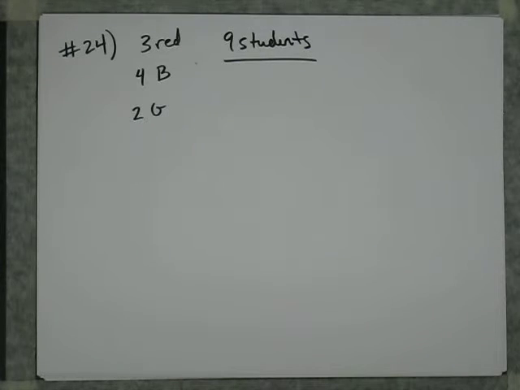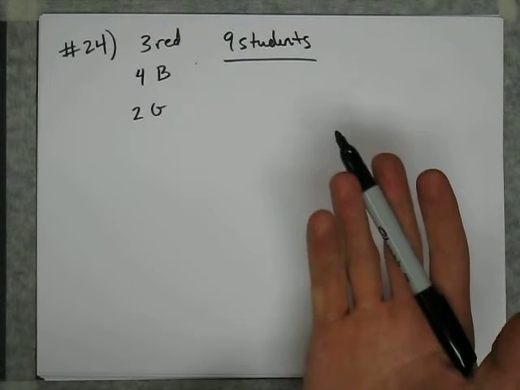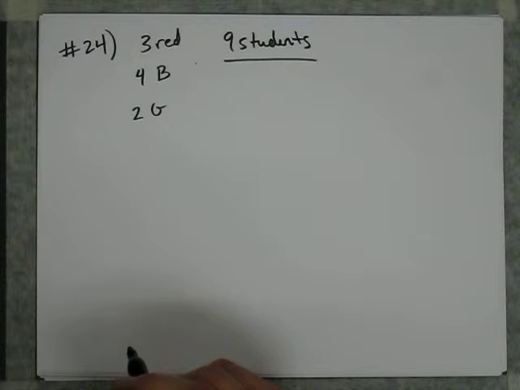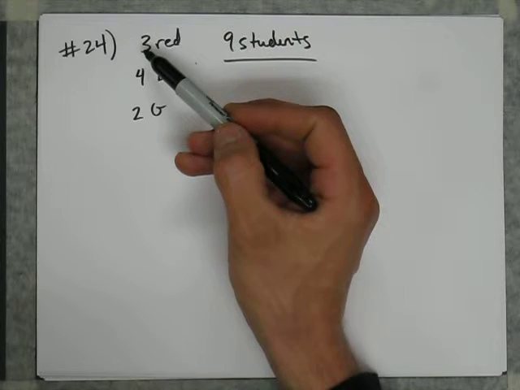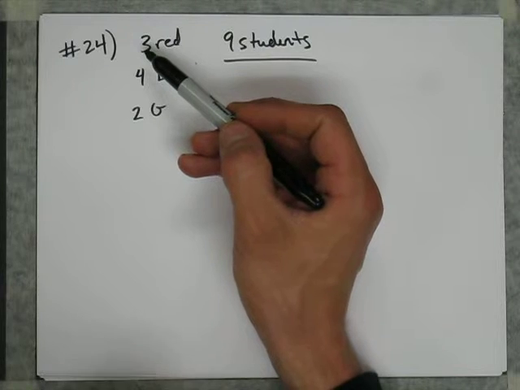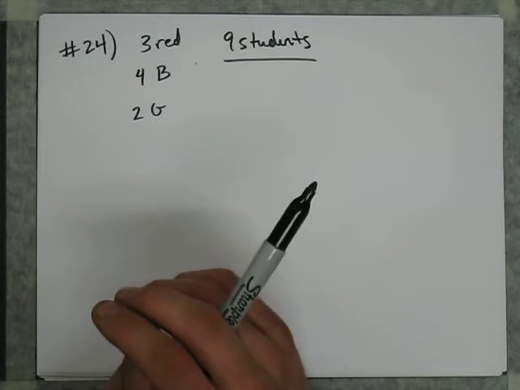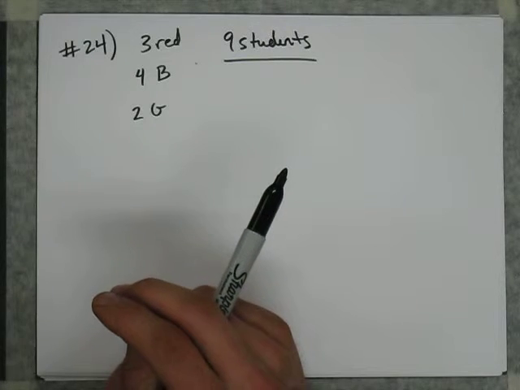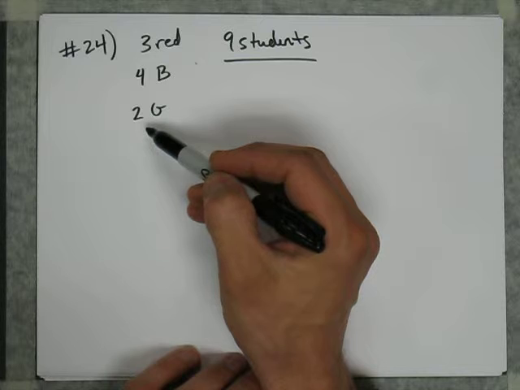So on this one, let's assume the pens of the same color are the same. 3 red pens. If you get the first red pen, say red pen number 1, that's the same as getting red pen number 2 or red pen number 3. So 9 students are going to receive pens, but there's repetition in what they're going to receive.